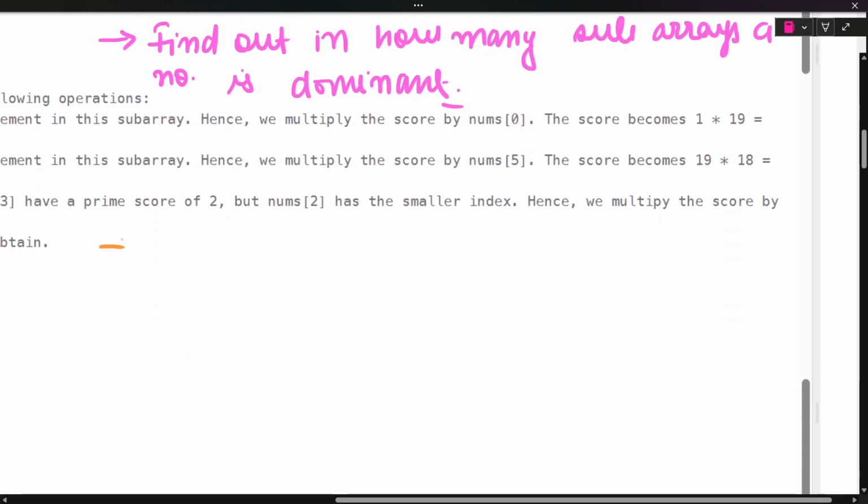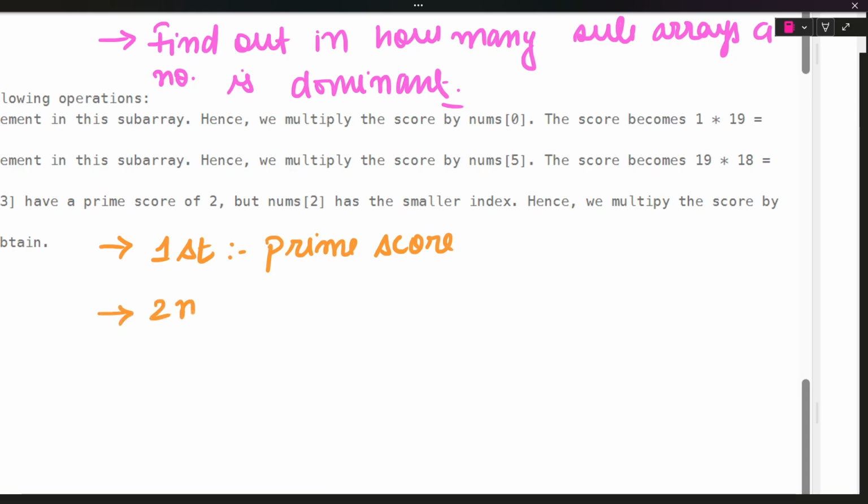The first priority is the prime score. Or rather, the first priority is the greater element.